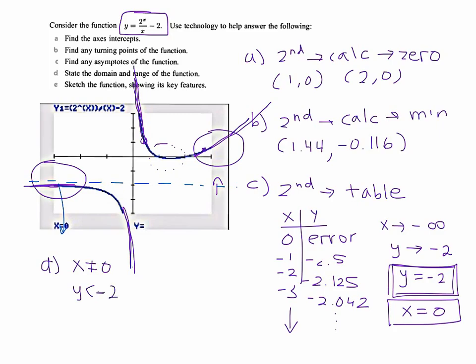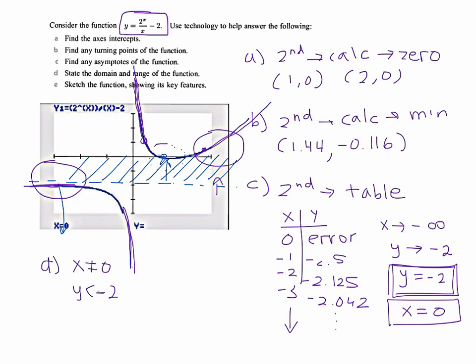But what about if it's greater than -2? The value is not defined, right? From this asymptote up until where that minimum is, this whole zone is not defined.